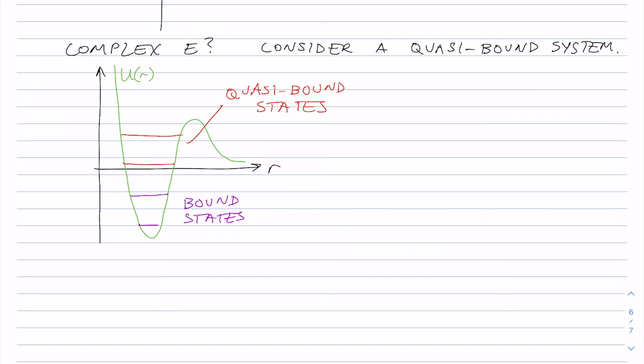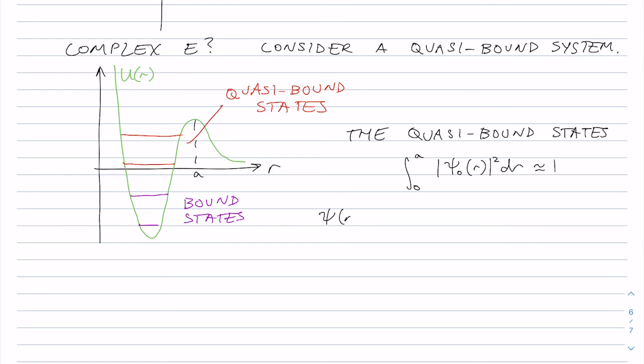So if we think about these quasi-bound states and we normalize them so that we have something like the integral from 0 to A, let's say A here, some part inside the barrier, this is approximately equal to 1 because we can normalize these states as if they were properly bound. Of course, they're not perfectly bound. And then if we think about the time evolution of these quasi-bound states, I could write something like this.